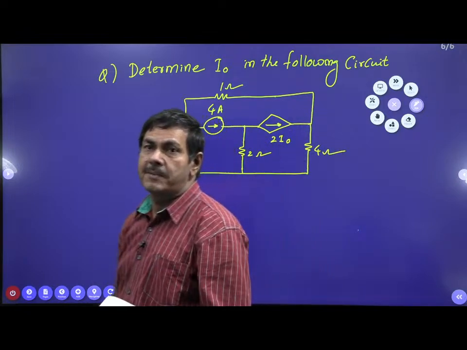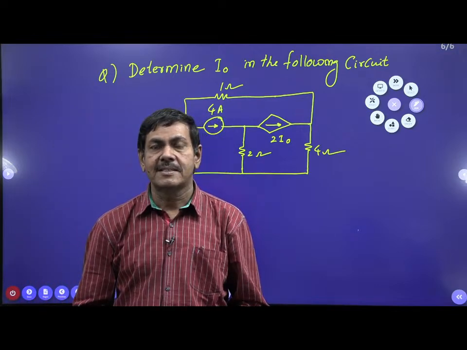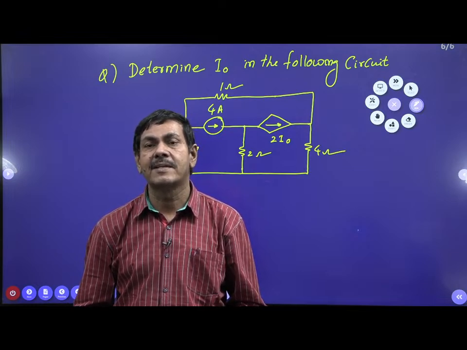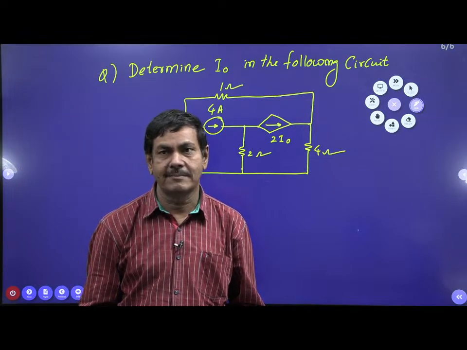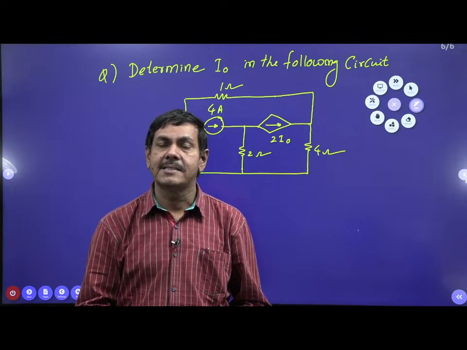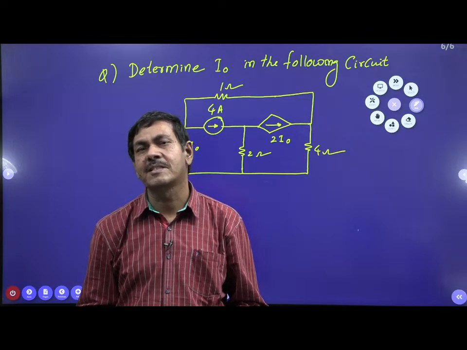What methodology is applicable? The student should understand one point: when is nodal analysis very easy to apply in a given problem? Whenever the network contains a number of current sources, the problem becomes very simple.